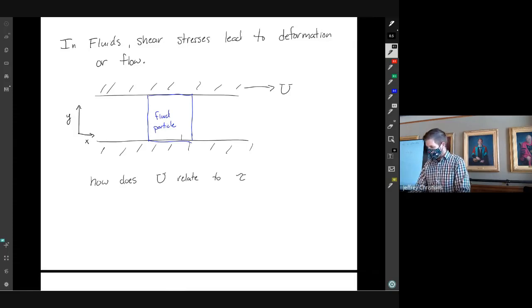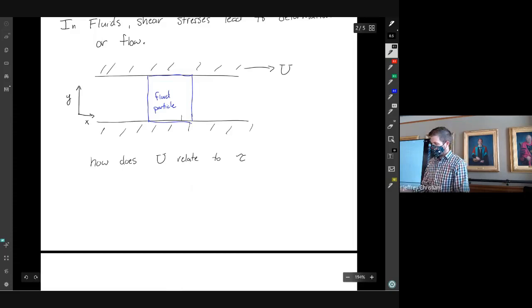This is going to cause a stress in the same direction. That's going to be on the top plane, so the normal is in the y direction. So this is tau y. And the shear stress is in the x direction because that's where the movement is. So this is tau yx.